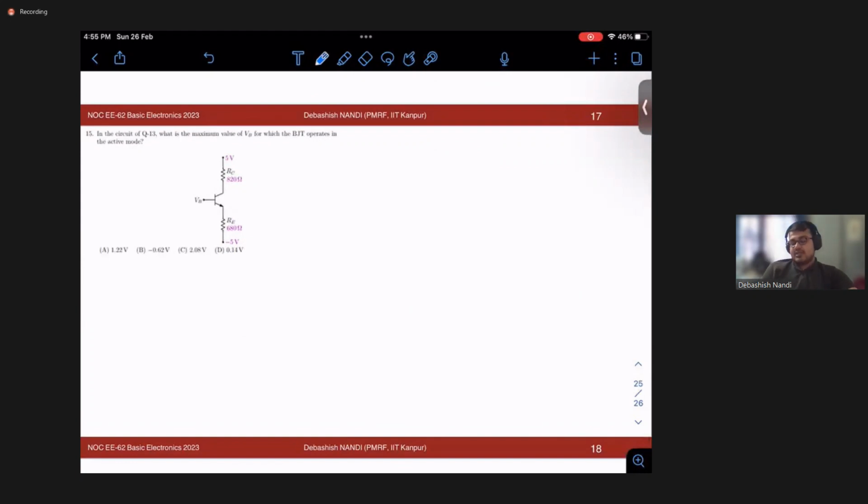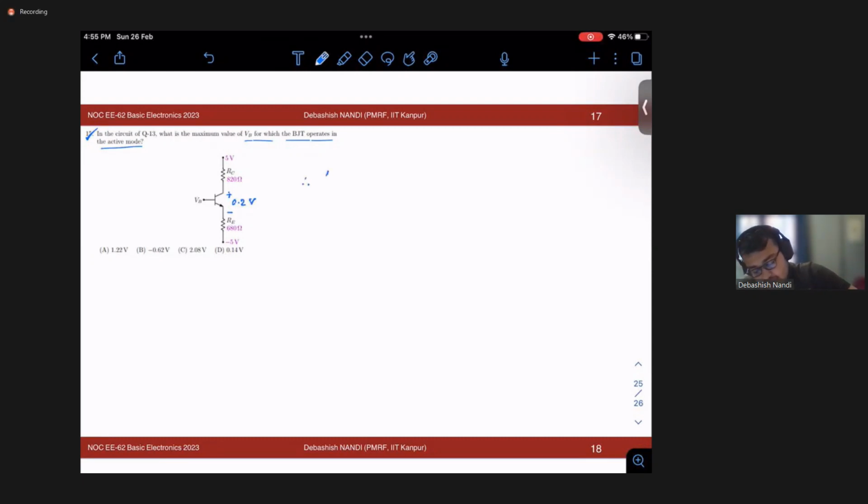The last one is the maximum value of VB for which the BJT operates in the active mode. That means you need to consider the boundary, where VC is at 0.2 volt.